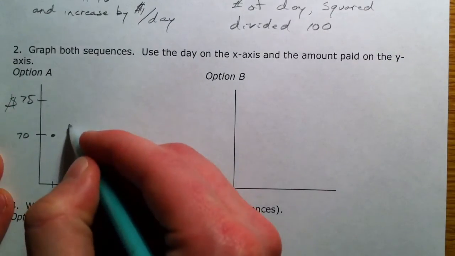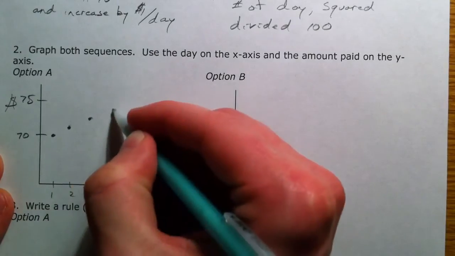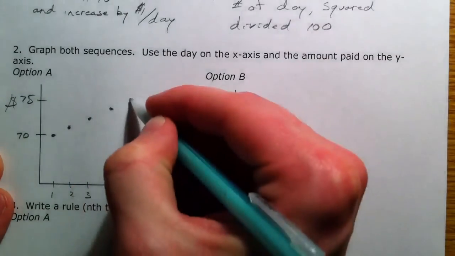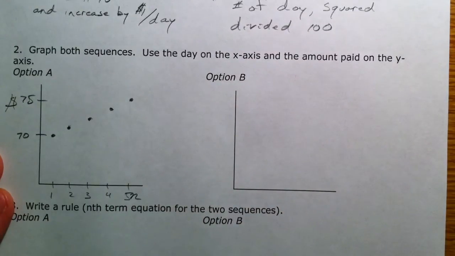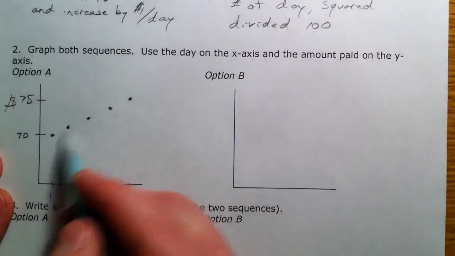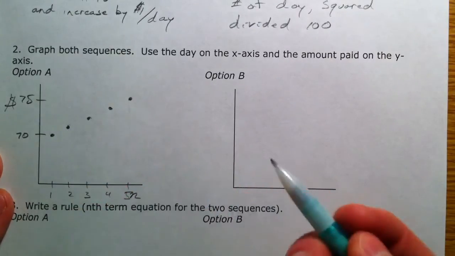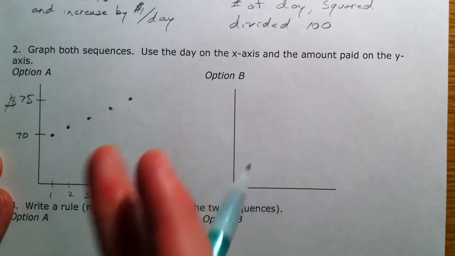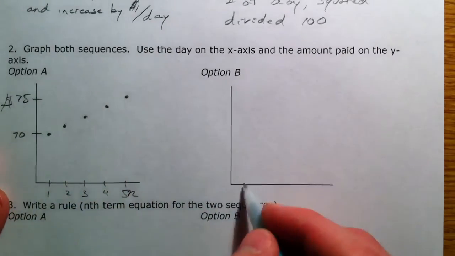You get 71, 72, 73, 74. And so we don't connect it with a line because there's nothing in between. Sequences deal with just the integers, and so that's what we want to leave it as.